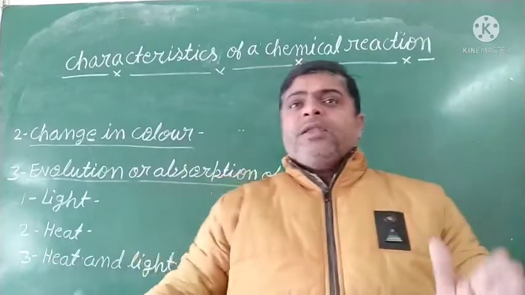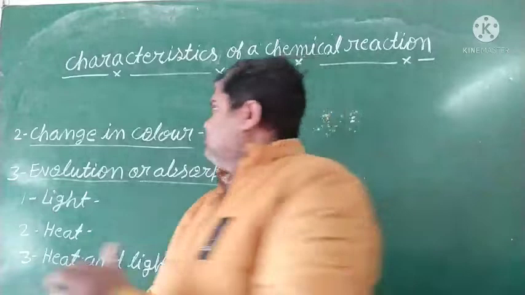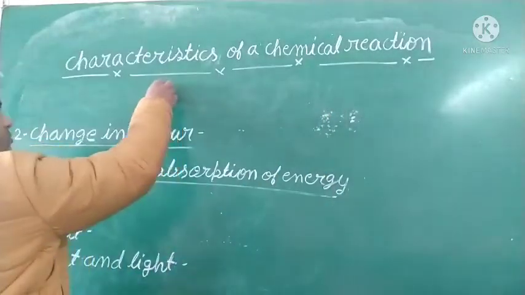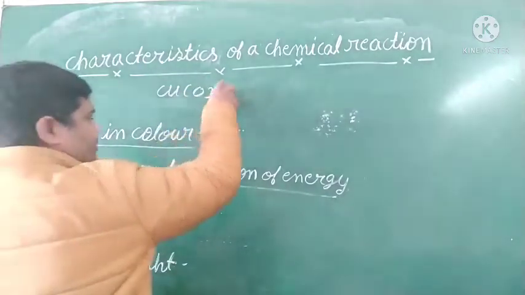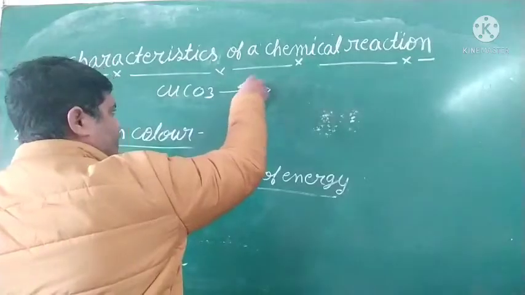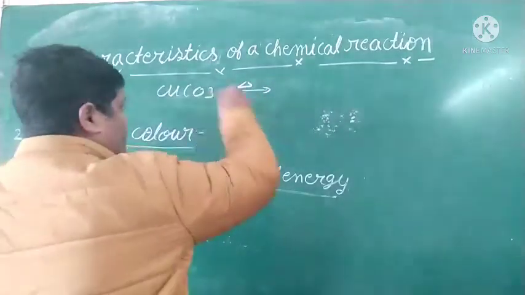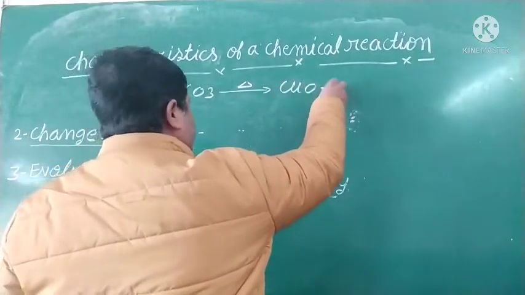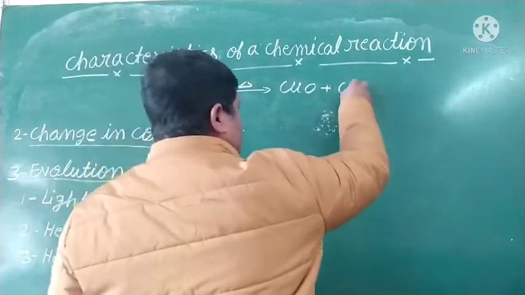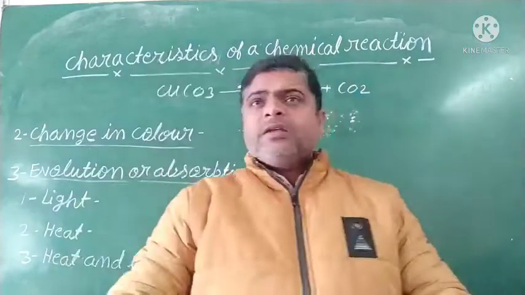See student, when copper carbonate is heated, what is formed? It forms copper oxide plus carbon dioxide.